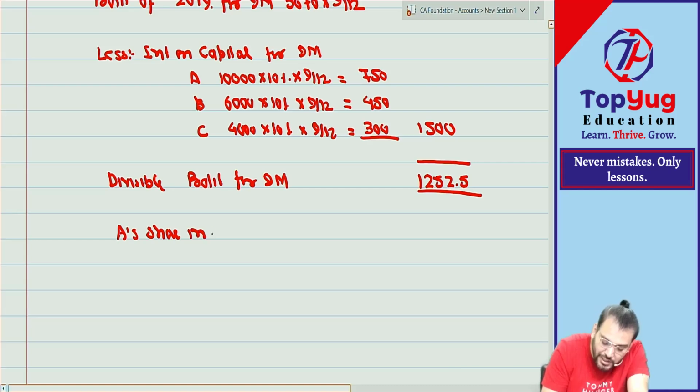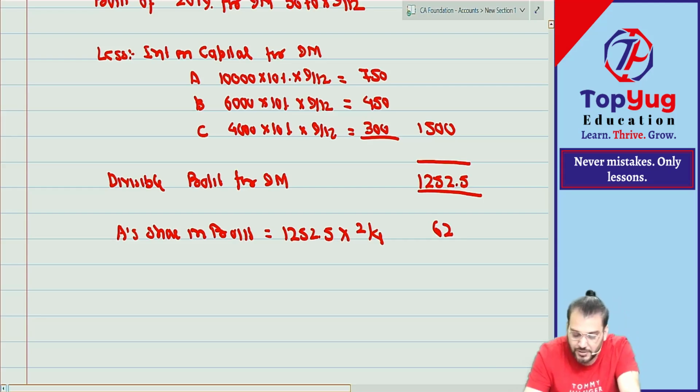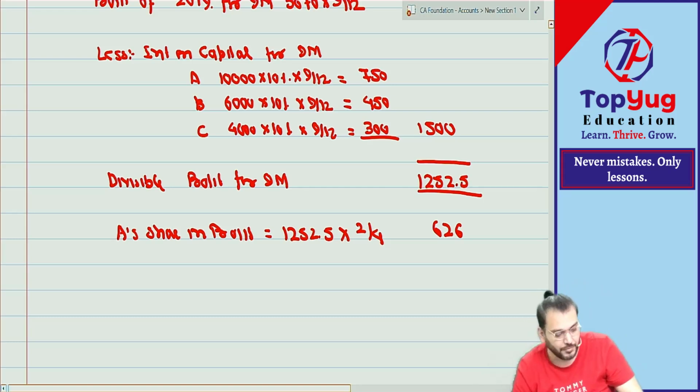What is A's share in profit? That will be 1252.5 into 2 by 4, or 1 by 2. How much is it coming? 626. Have you understood this calculation?